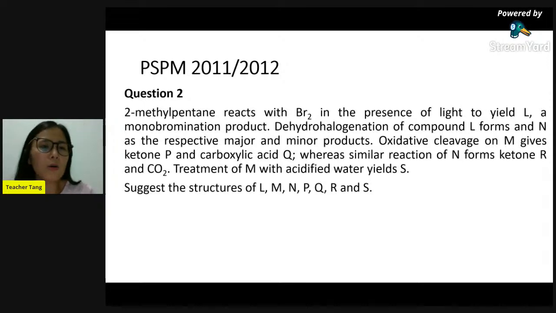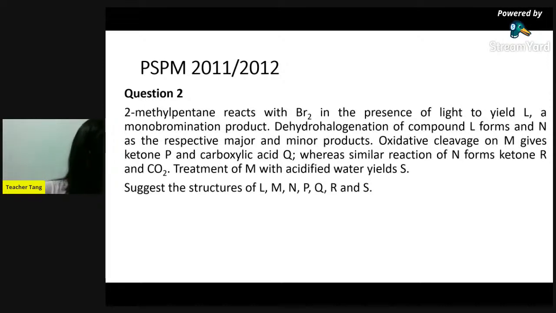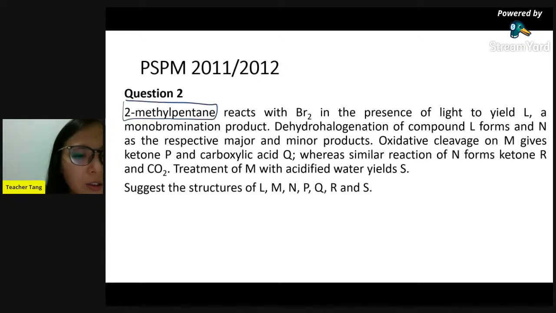So question number 2, the question says 2-methyl pentane. So we can draw the 2-methyl pentane first. So pentane, 5 carbon. 2-methyl pentane.